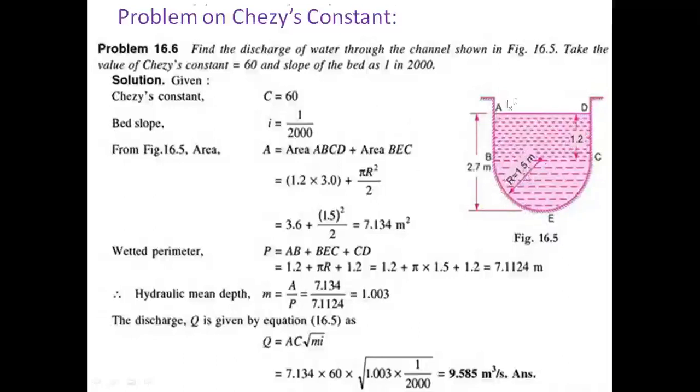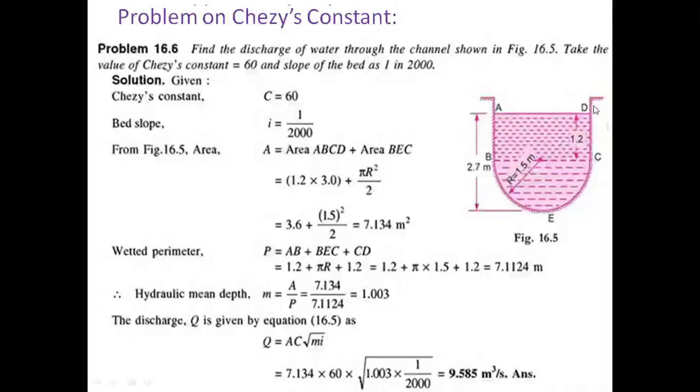Here AB, the depth of the rectangular channel, is 1.2, plus BEC, the semicircular length, which is pi r, plus CD.